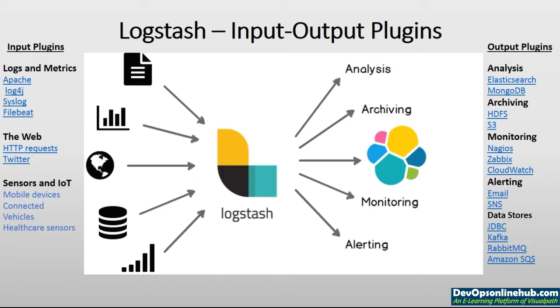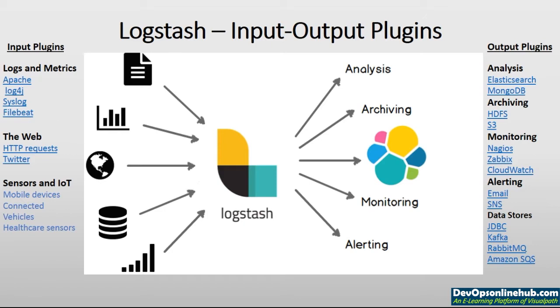If we are going to monitor the logs, then we'll be using the monitoring plugins like Nagios, Zabbix, or AWS CloudWatch. In case the output wants to send an alert, then we can use the alerting based plugins.